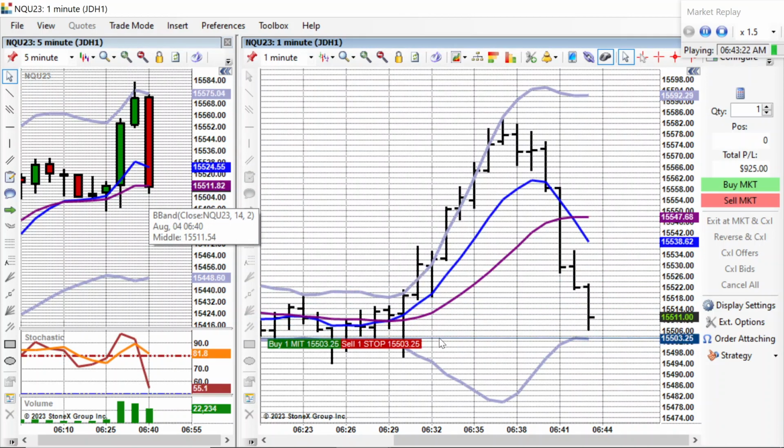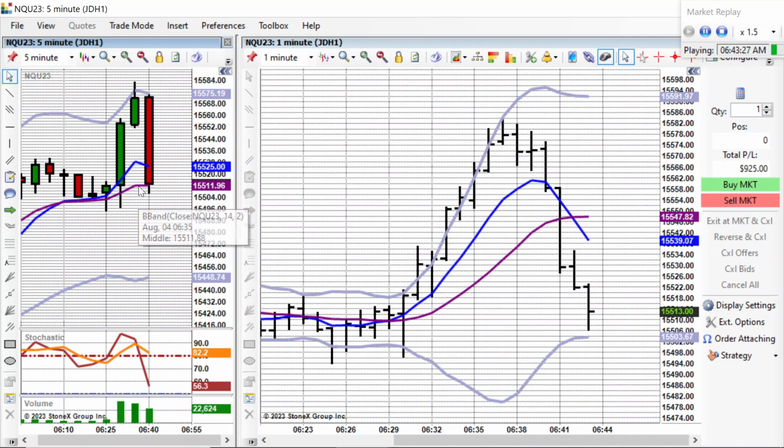So I'm expecting it to hit this lower Bollinger Band at least, and we're trying to cross over the purple 14 SMA line on the 5-minute chart. So this is showing me a trend change over here.